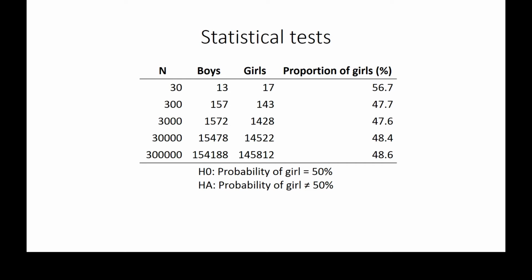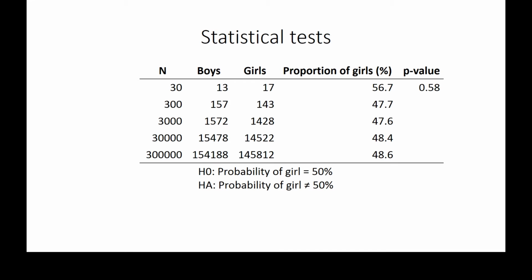In the first case, the probability of interest is the following. What is the probability of having either 17 or more girls or 17 or more boys if the probability of having a girl is 50%? And it turns out that this probability is 0.58 or 58%.